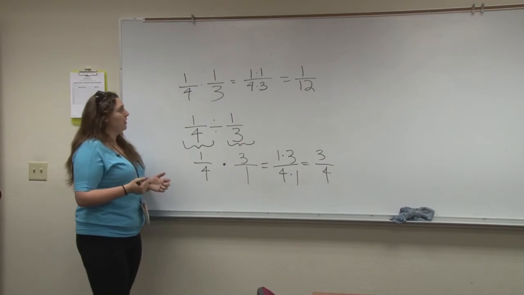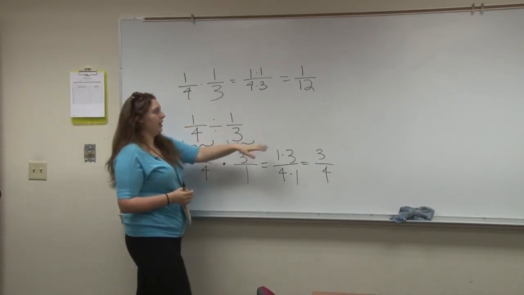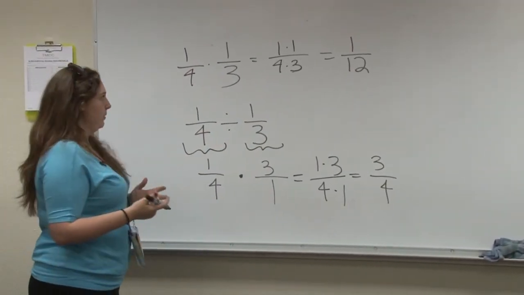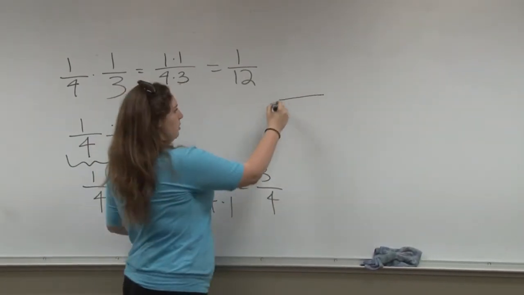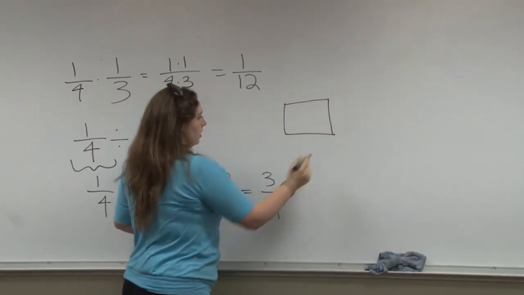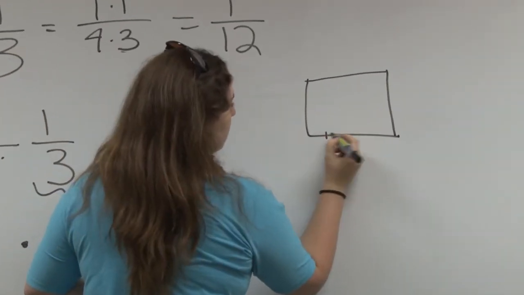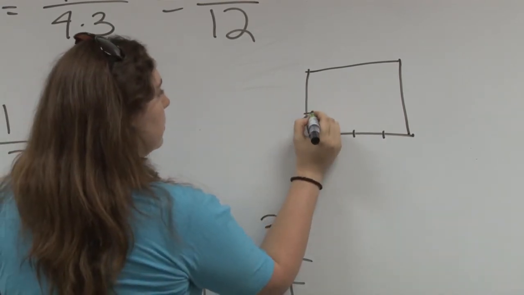So the question was, why, when we multiply two fractions together, do we get a smaller fraction? Well, in order to do that, we have to think about what these mean. So if we have an object, and let's say we're breaking this side into 4 pieces, and this side we're breaking into 3 pieces.